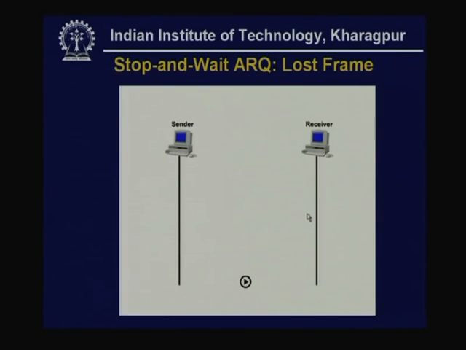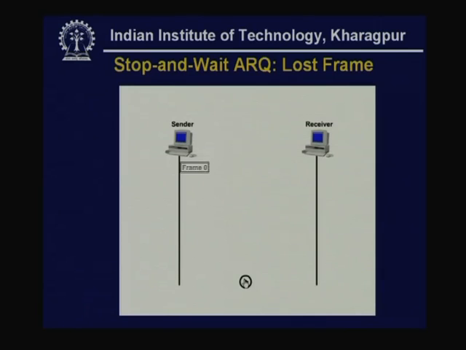Now, let us consider the situation when a frame is lost in transit. As I mentioned, a frame may get damaged to such an extent that it is not recognizable by the receiving end, and in such a case we call it a lost frame. So, we see that frame 0 is sent to the receiver and an acknowledgement is sent, and another frame is sent, however this frame is damaged and as a result it is lost.